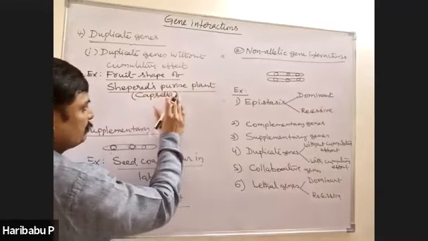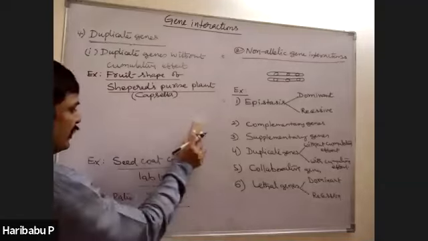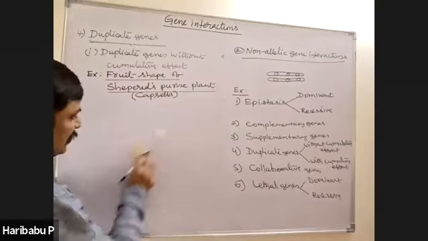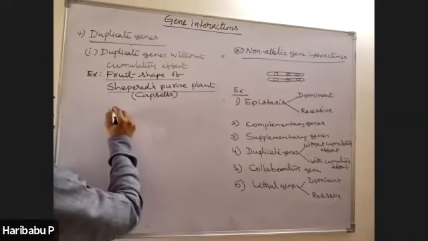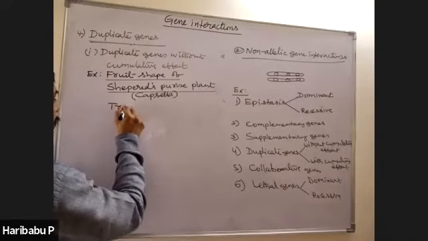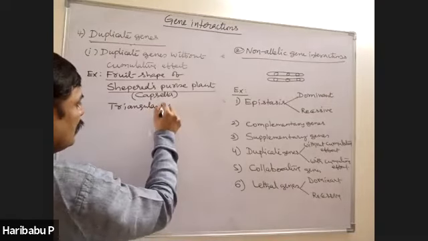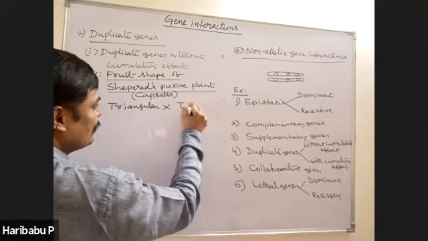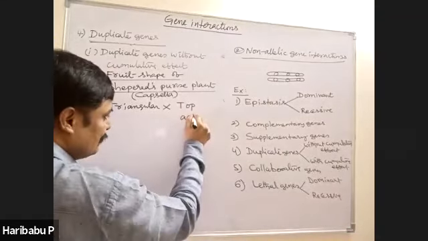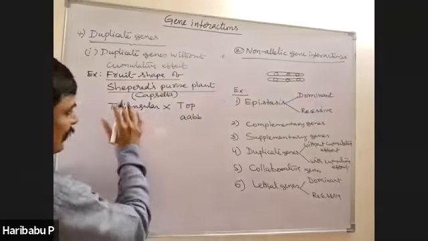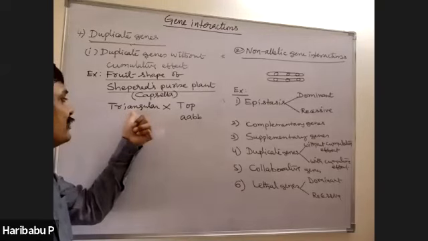Shepherd's purse is the common name. In this plant, the fruits show two types of shape: triangular shape and top shaped. Except in this condition, all other conditions express the same character, that is triangular.